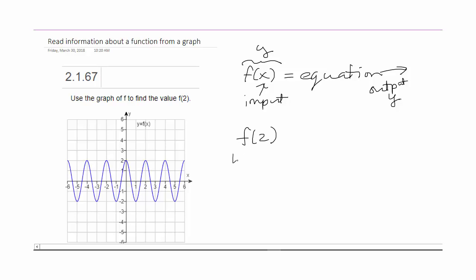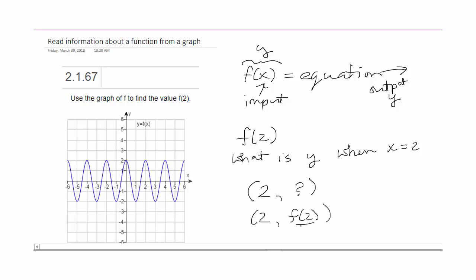They're asking you what is y when x is 2. Or another way of saying that is, if you put in the input 2, what is the y coordinate? Because the input 2 is matched up with the output that goes with 2, f of 2. So we're really looking for that y coordinate.